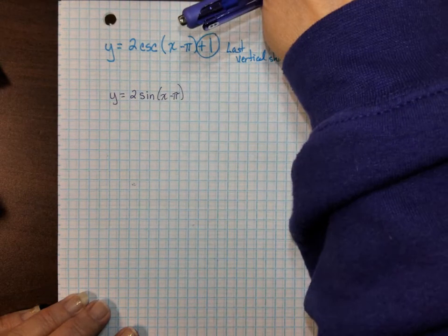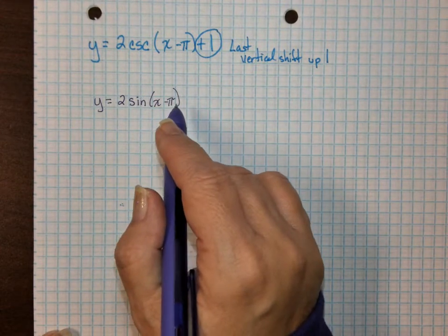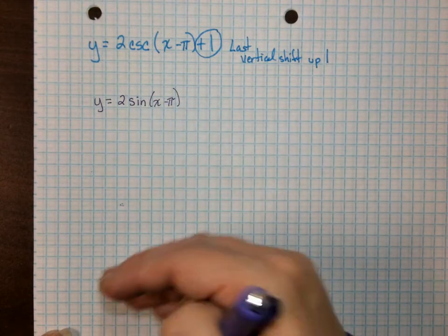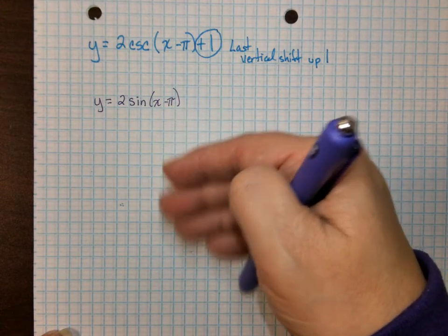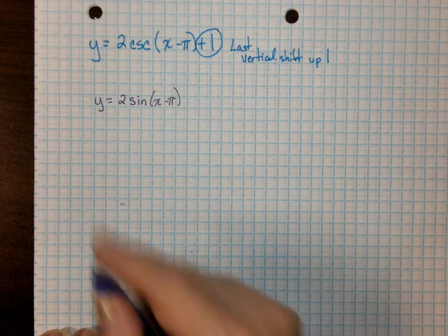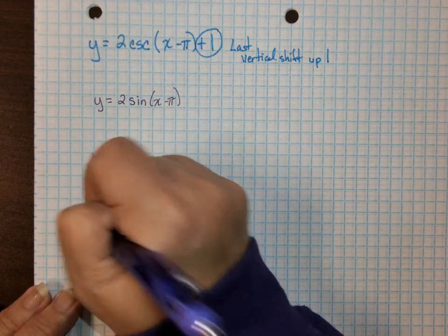And then from here, we're just going to take this graph and push it up 1, and then we can draw the cosecant from that. Alright, so let's take a look at it together.